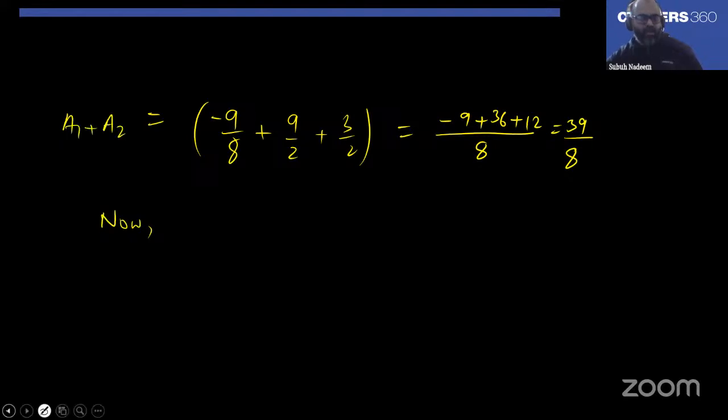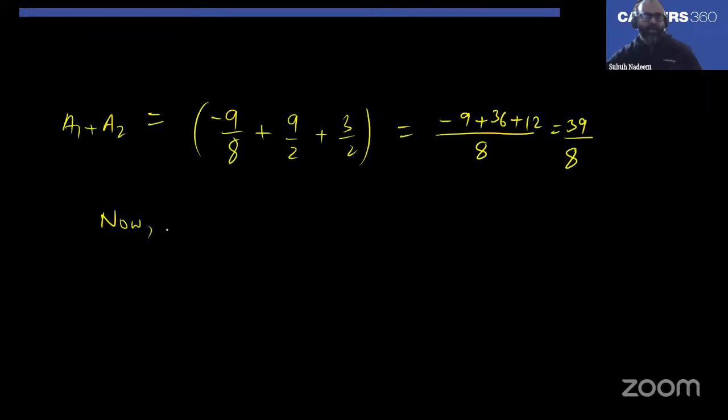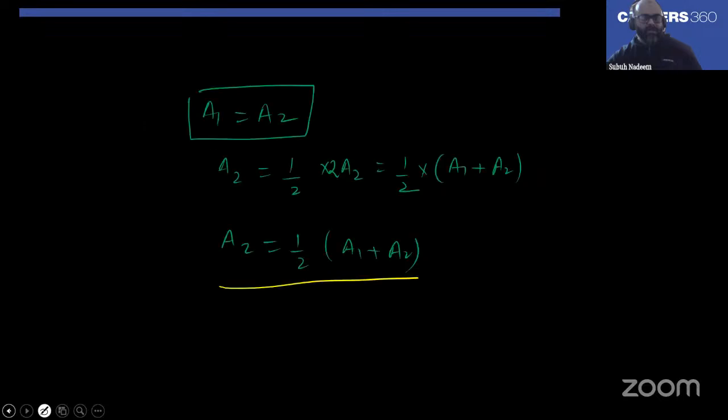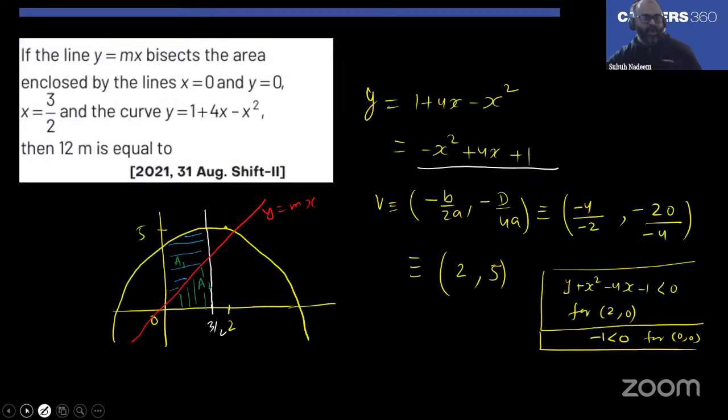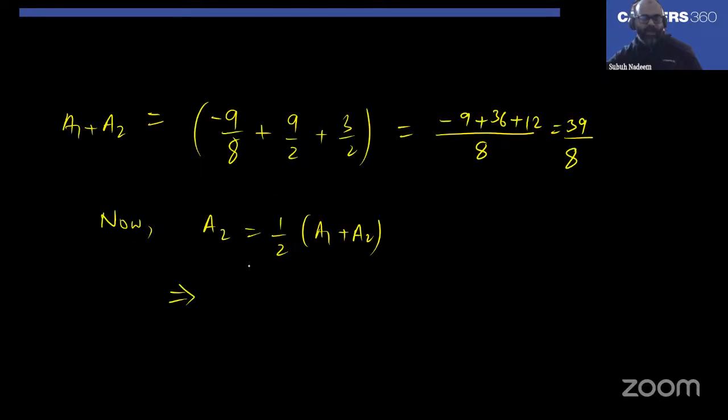And we know here that A2 is half of A1 plus A2. A2 is half of A1 plus A2. So A2, which we got here, was 9m by 8.